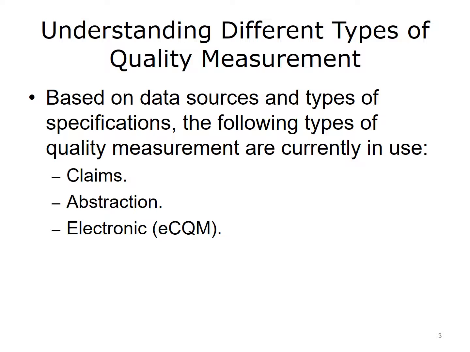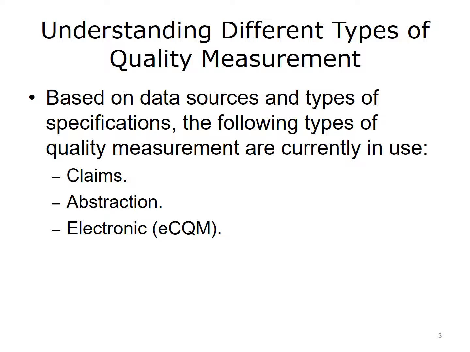eCQMs are one of the three main frameworks in which quality measures are developed and implemented. Historically, quality measures used data submitted for billing during the claims filing process. These data generally lacked adequate clinical information for comprehensive quality reporting and could only work in a fee-for-service environment.